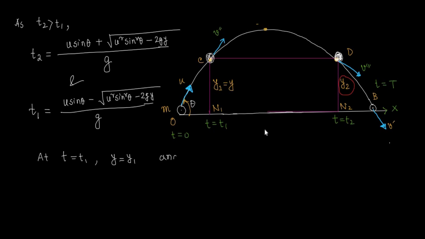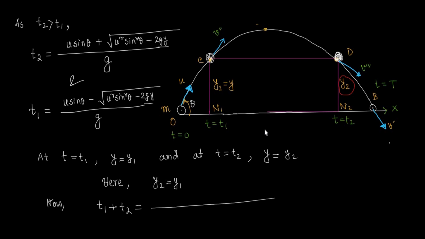At t equal to t1, y is equal to y1, and at t equal to t2, the instantaneous height y will be equal to y2. Here y2 is equal to y1. That means the projectile attains the same height at the instants t1 and t2 respectively.